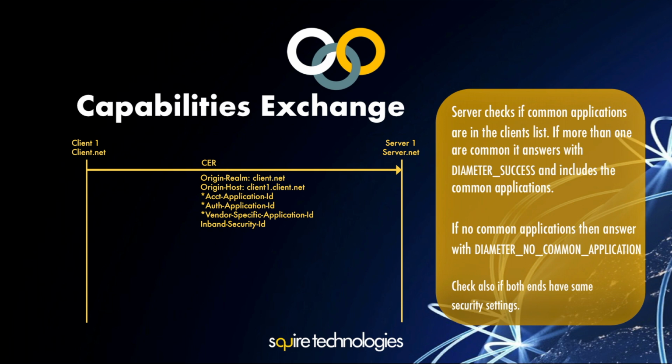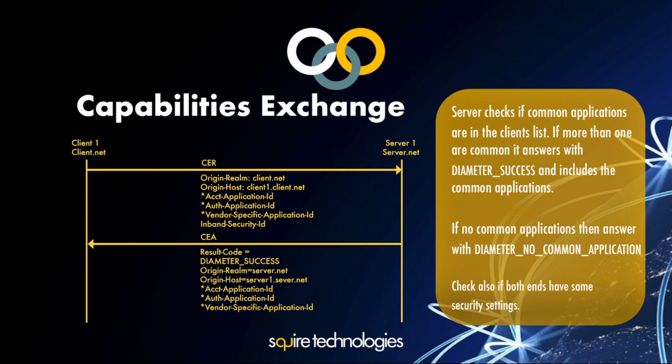So when the server gets the CER, it will go through its list of supported applications, and if it finds one or more common application support, it will respond back with a success and indicate the ones which are common.